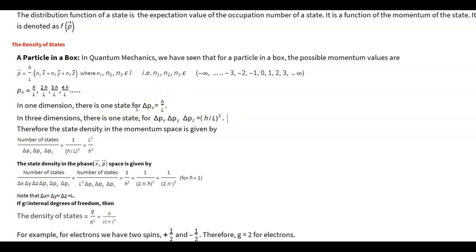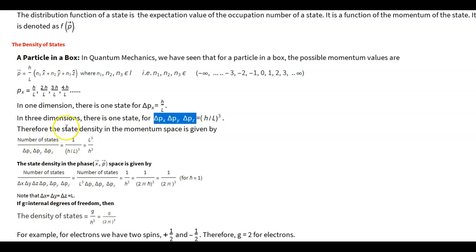So therefore, the quantum state density in the momentum space: in the momentum space we have the number of quantum states divided by the momentum volume. And what is the volume element in the momentum space? It is given by this.